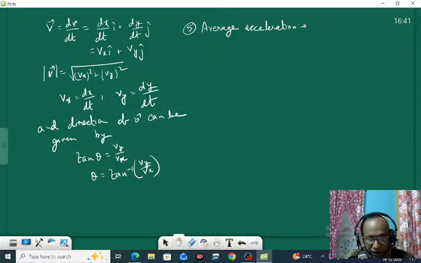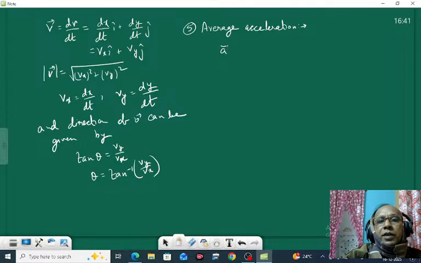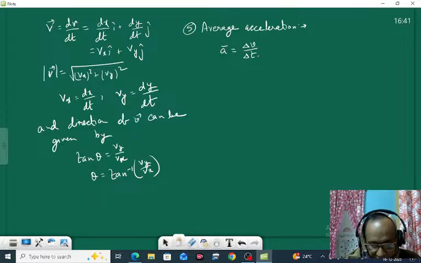The average acceleration a of an object for a time interval del t moving in the xy plane is the change in velocity divided by the time interval. That is, average acceleration can be defined as del v by del t, the change in velocity with respect to change in time.